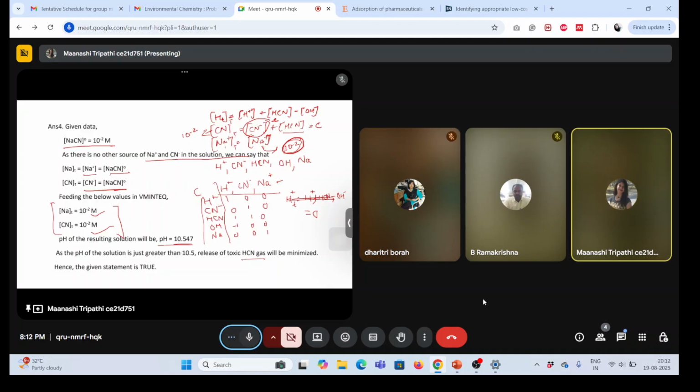We will put this HCN equal to 0 here, and H total is equal to H plus minus OH. For this question, it is easier to solve, but if the question has many complexities like the carbonic acid system, it will be very difficult to solve. So we need just to calculate H plus minus OH.